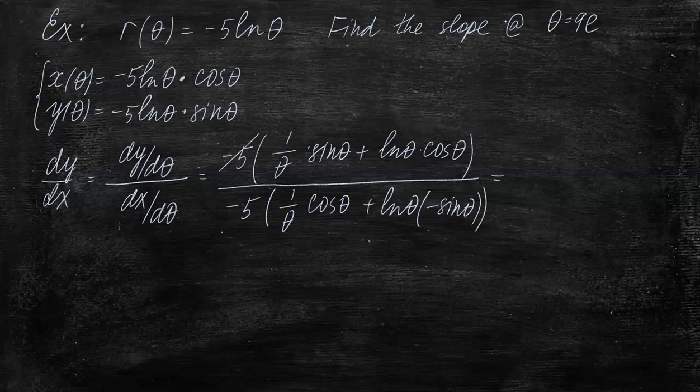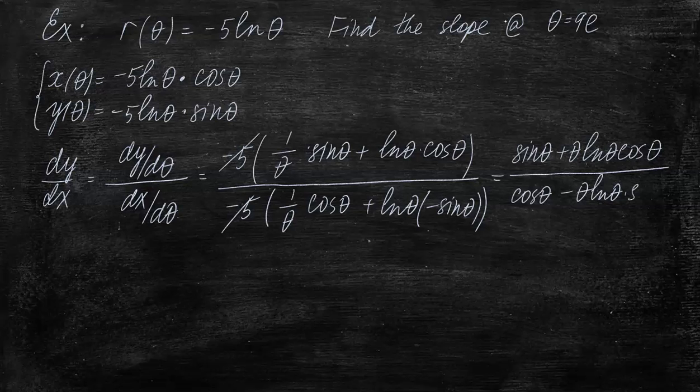The negative 5 can be reduced, and we have a simplified version of it. We can just multiply everything by theta. So we have sine theta plus theta ln theta cosine theta over cosine theta minus theta ln theta sine theta.